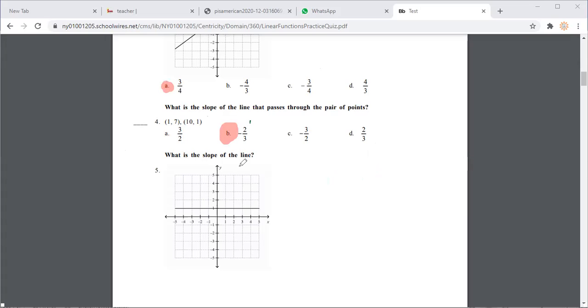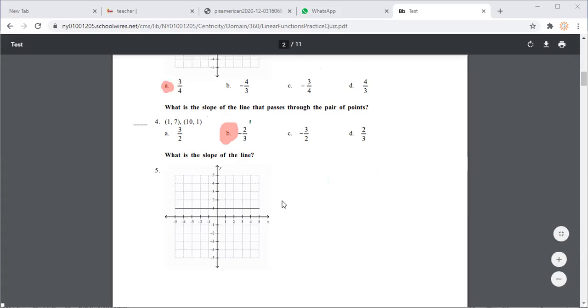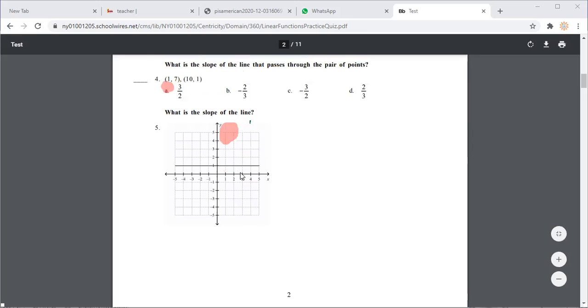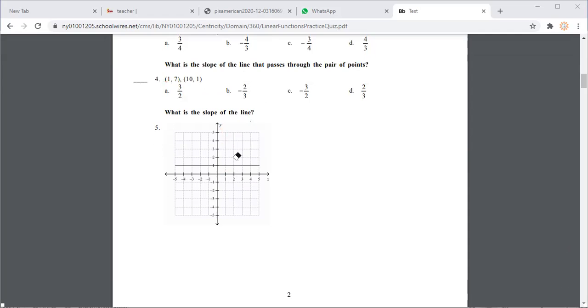Next question. For question number 5, do we have to write any steps? No. What will the slope be here? Raise your hand. Ali, go on. 0.